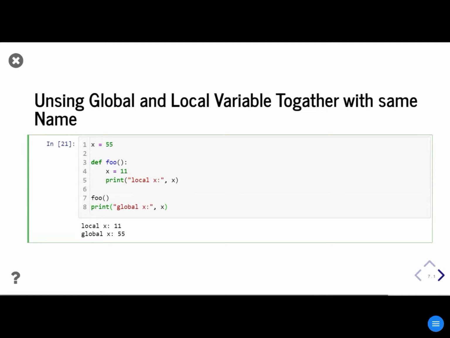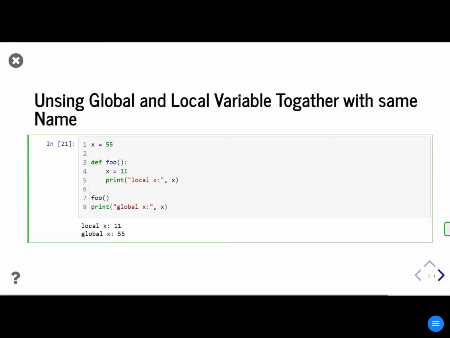I can change the global 55 to 11 from within the function. Listen to the question again. I want to change the global variable from within the function. Fine.